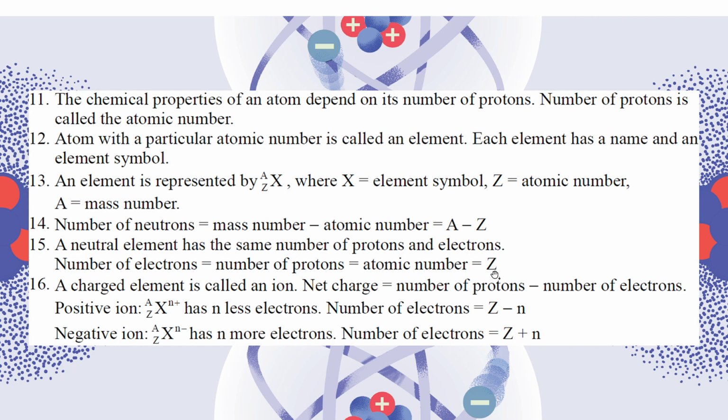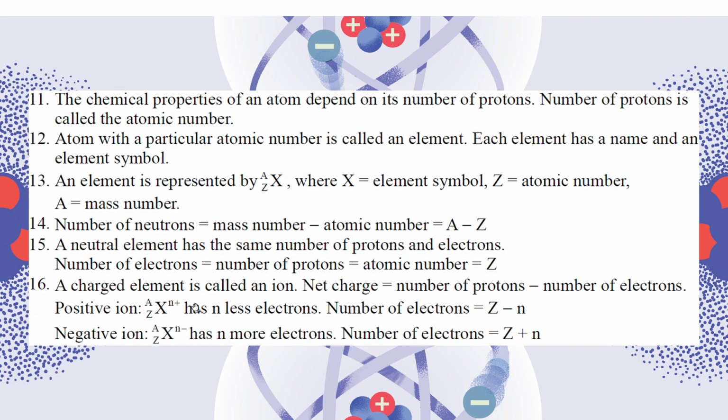How about the charge? If it is charged, we give it another name, an ion. Charged, no matter positive or negative, we call it an ion: positive ion, negative ion, cation, anion. Net charge is the number of protons minus the number of electrons. For an atom, Z minus Z is 0, so net charge is 0. A positive ion is written as AZX with N plus.